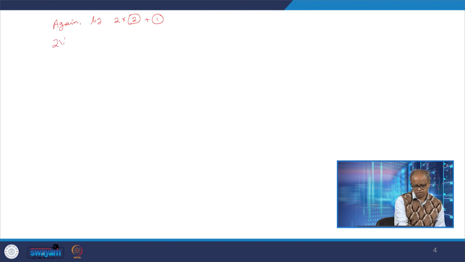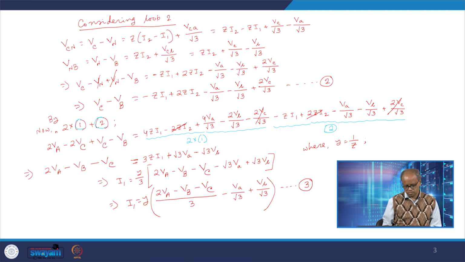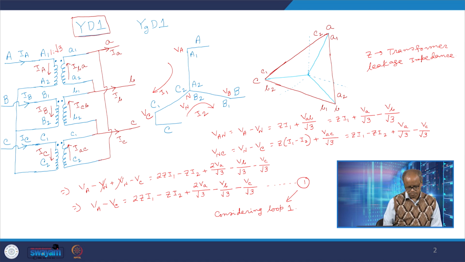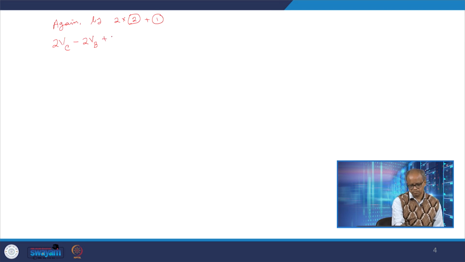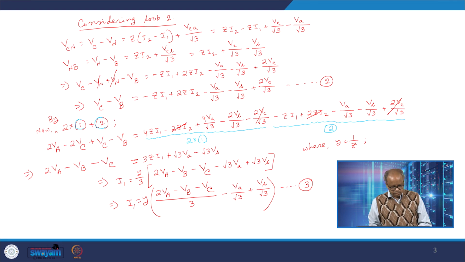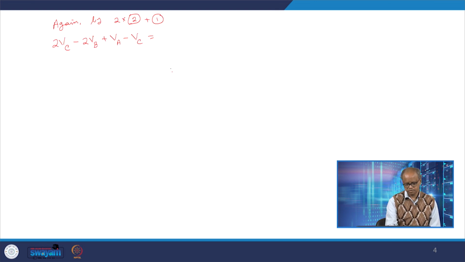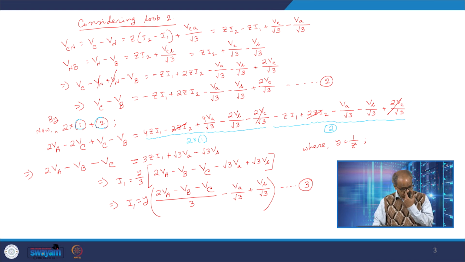So 2V capital C minus 2V capital B, and plus 1, so VA minus VC, plus V capital A minus V capital C. That would be equal to minus 2ZI1 plus 4ZI2, and then minus 2VA minus 2VB plus 4VC.